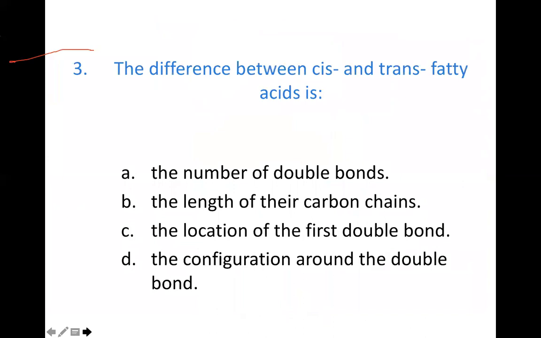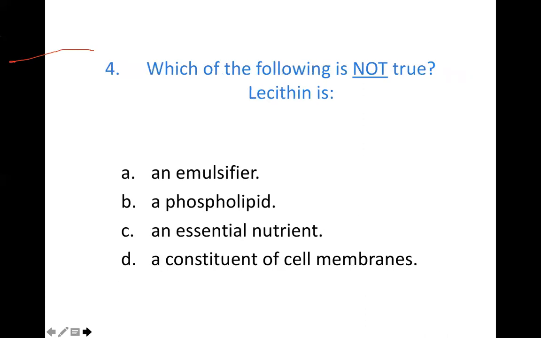The difference between cis and trans fatty acids is D, the configuration around the double bond. Which of the following is not true? Lecithin is, it is not essential. So C, it is not essential.